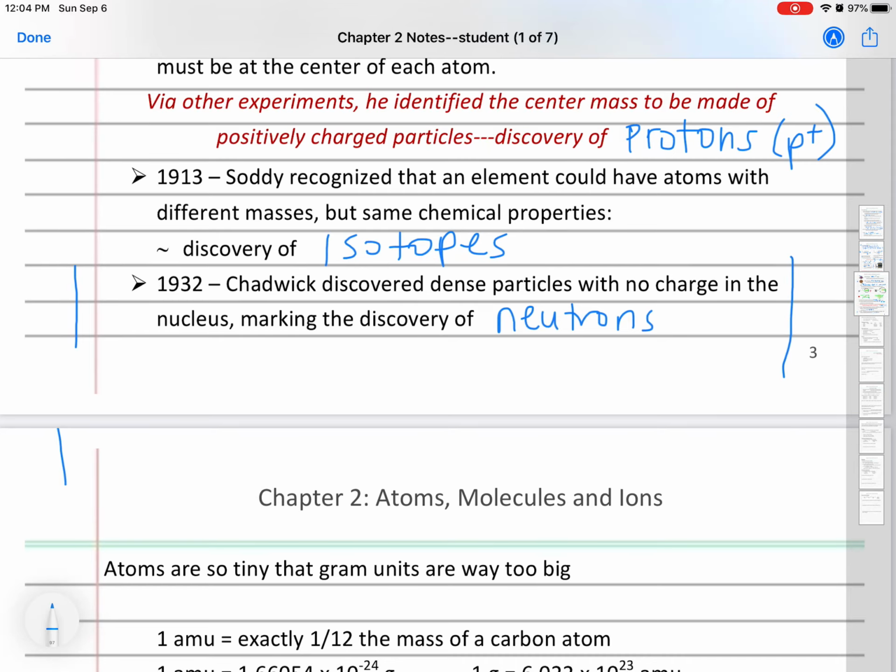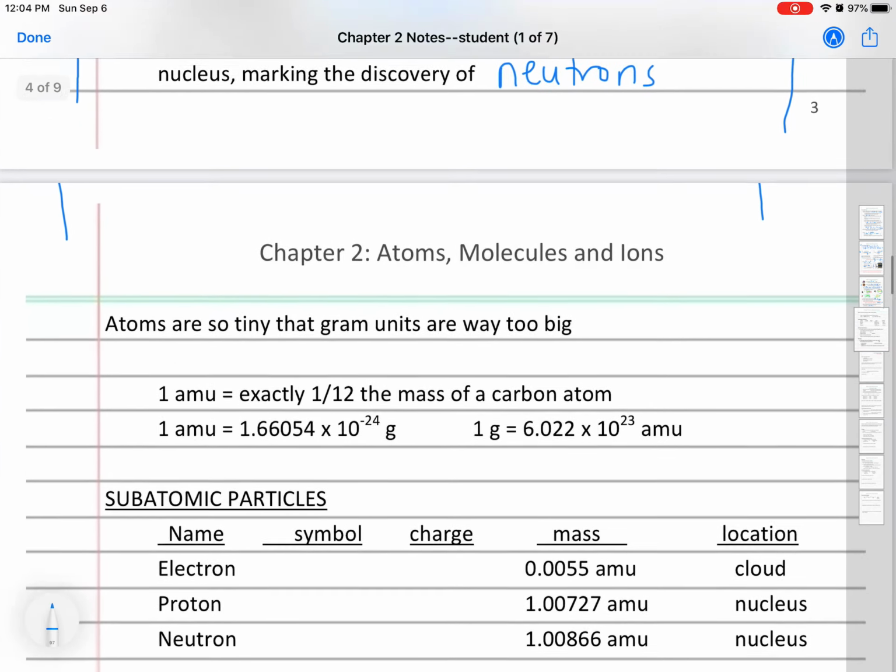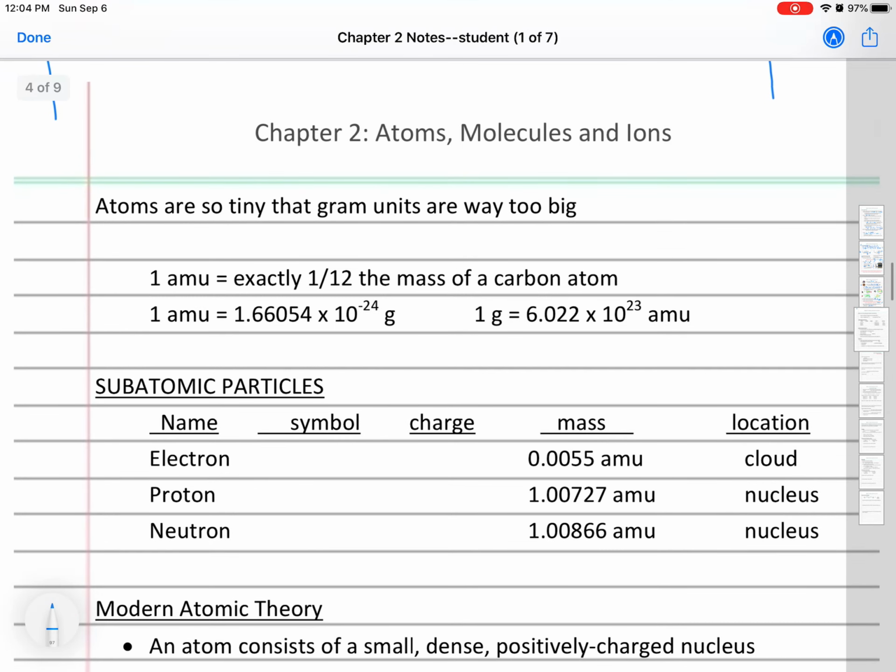So the parts of the atom that we will discuss are protons, neutrons, and electrons. These are the most important major subatomic particles. So we have electrons, which we can represent with an e minus, protons, which are often represented as p plus, and neutrons, which are represented as an n or sometimes an n naught, with a little zero there.